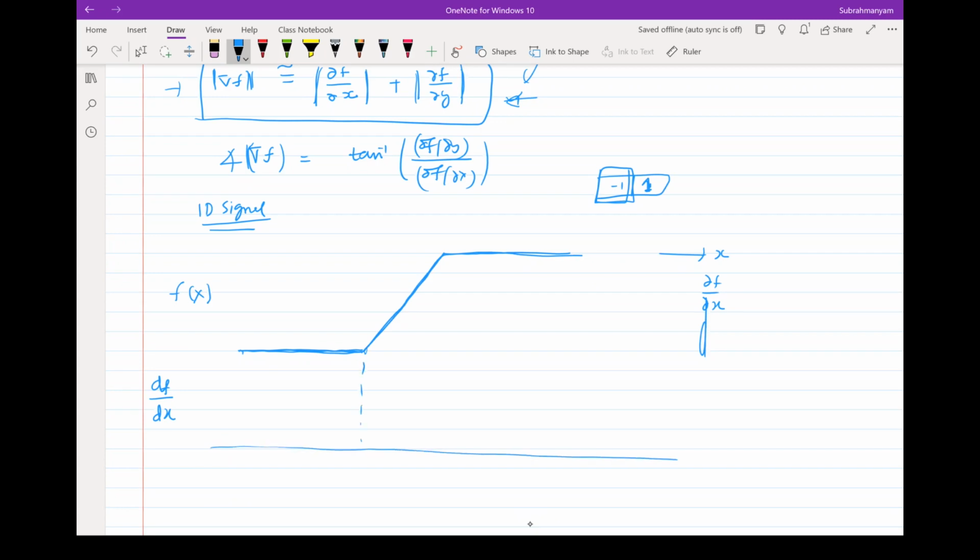Okay, so basically it has 3 regions. Two are of similar nature and the one in between is of a different nature. Let me call them segment 1, segment 2 and segment 3. What are the values of dou f by dou x for the first segment? 0. Correct.